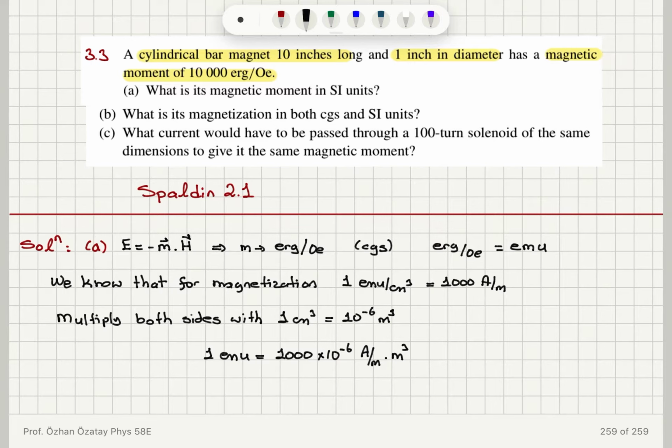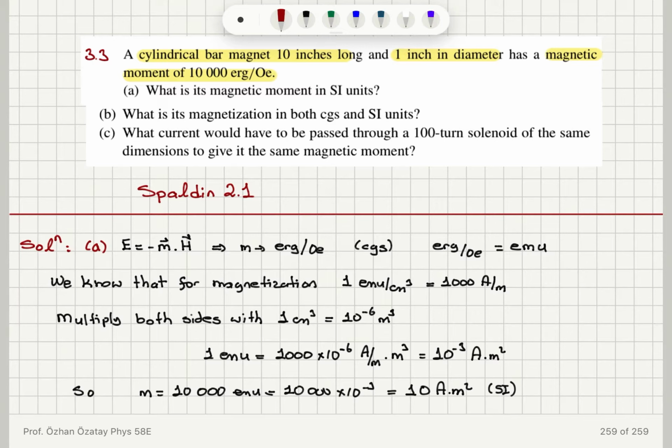So this will give me 10 to minus 3 ampere meter square. So that's the conversion. So if I have a magnetic moment of 10,000 EMU, this is equivalent to 10,000 times 10 to minus 3, which is 10 ampere meter square in SI units. So this is how I convert it to SI.